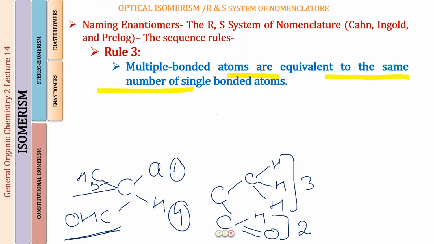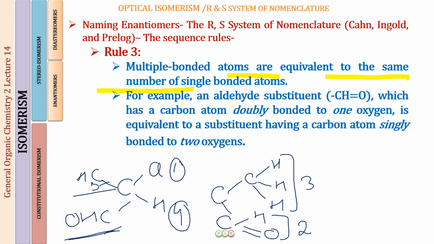Now what does this mean? What this means is that if, for example, we have an aldehyde group like you are seeing over here, right? So in this, what we have is a carbon which is forming a double bond with an oxygen atom. So what we are going to do is we are going to consider this to be a carbon atom which is single bonded to two oxygen atoms.